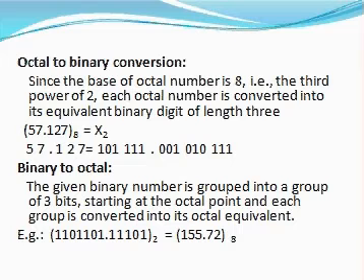And octal to binary conversion. Each octal digit is represented by 3 binary bits, because the maximum value of an octal digit is 7, and that can be represented in binary using 3 bits, 111, which is equal to 7.